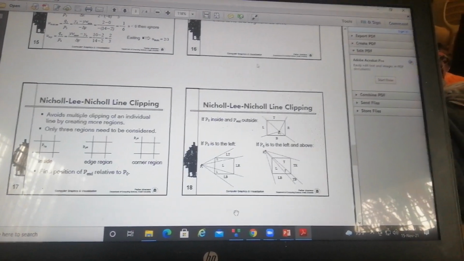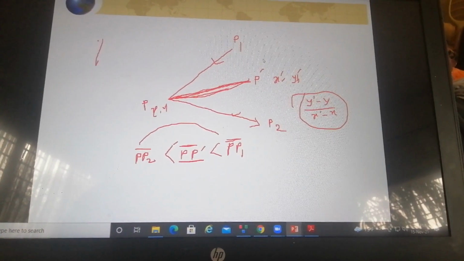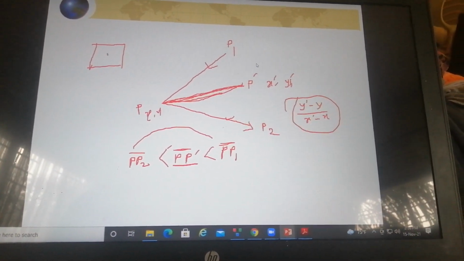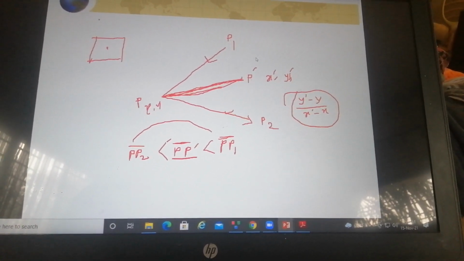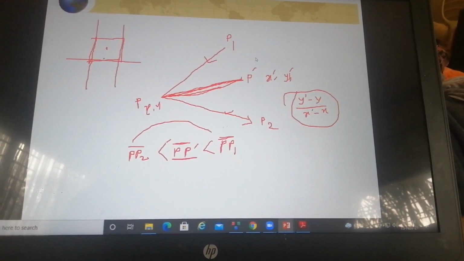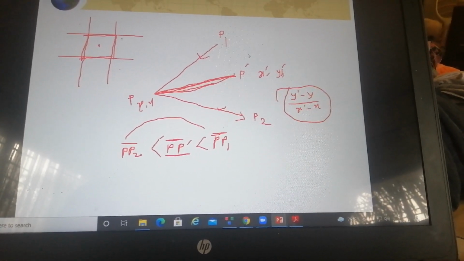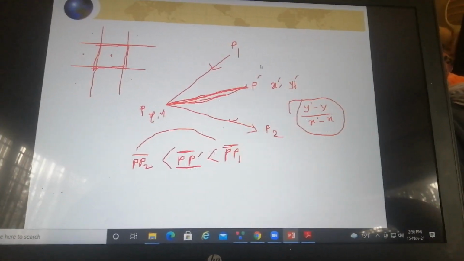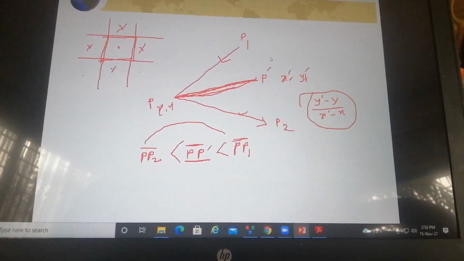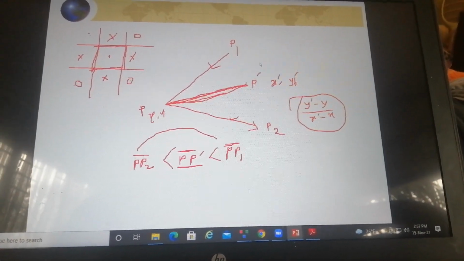So that's our basis for the Nicol-Lee-Nicol. Now it says that if we have a 4 boundary, a point can be over here, over there, or over there. 4 corners, or this way, and this way. Clear?